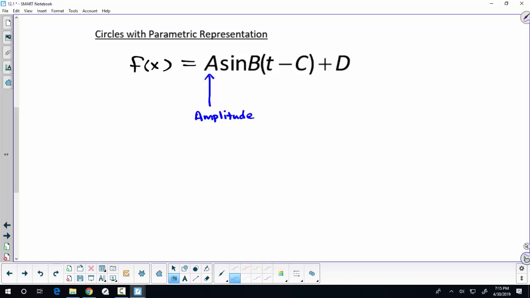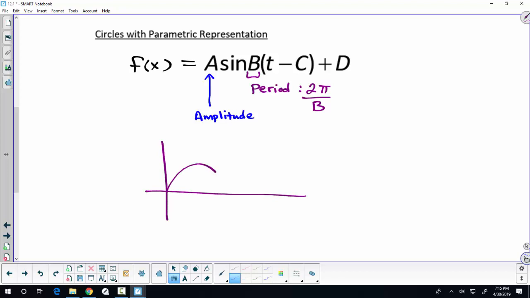What did B do for us? Period. Sine and cosine's period was 2 pi, so the period is 2 pi over B. And if you think about taking sine from 0 to 2 pi, and then wrapping that around, is what we get.